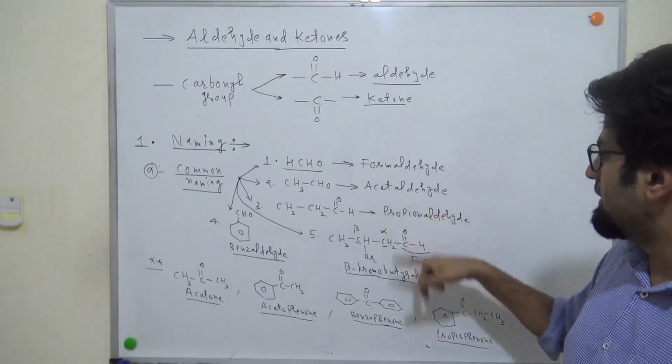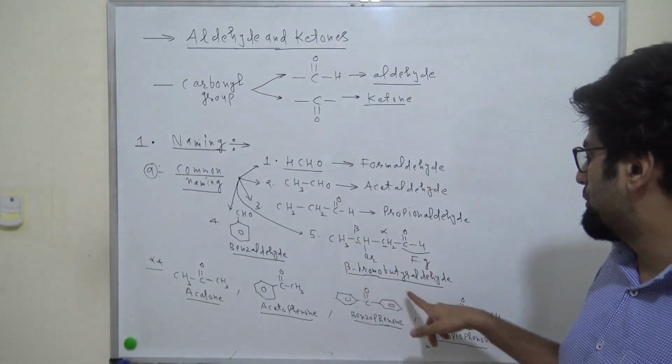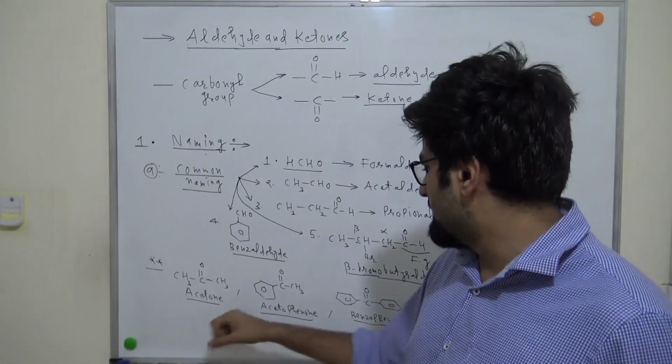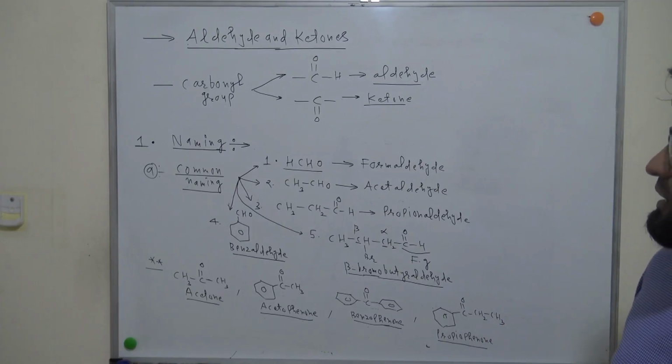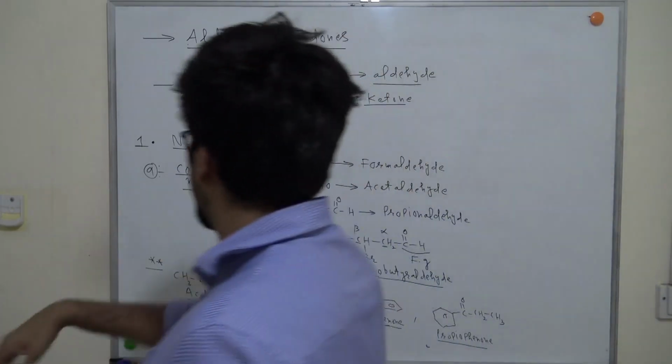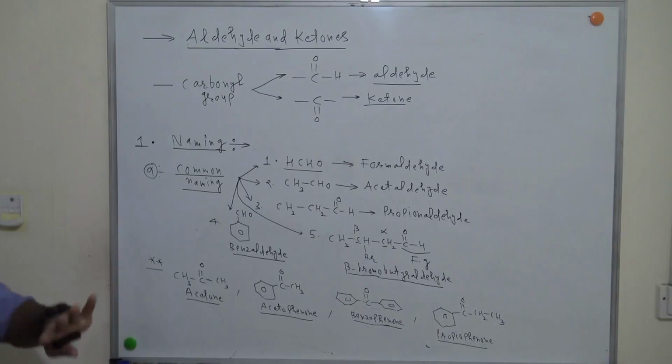So formaldehyde, acetaldehyde, propionaldehyde, beta bromo butyraldehyde, benzaldehyde, acetone, acetophenone, benzophenone and propiophenone. Understood? So this much common names are important for us. Clear?